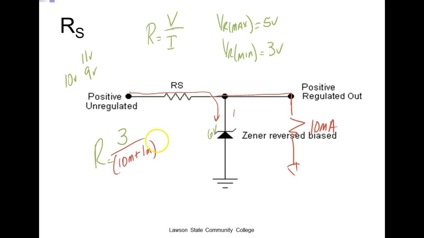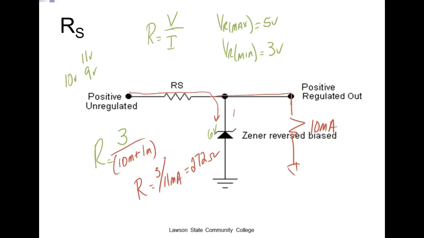Okay, so we're going to say R would be equal to 3 volts over 11 milliamps. What's that going to give me? 272? Okay.